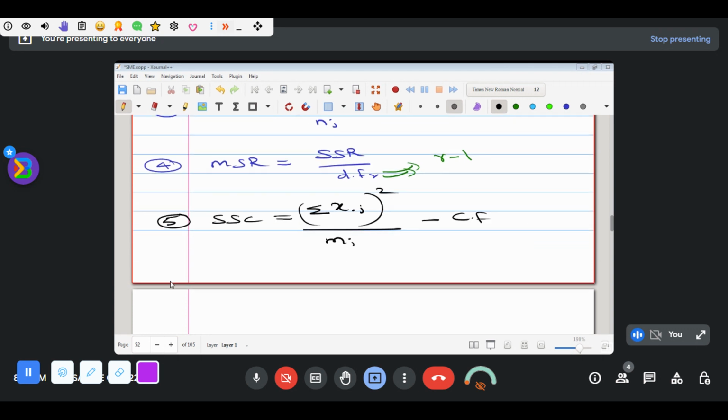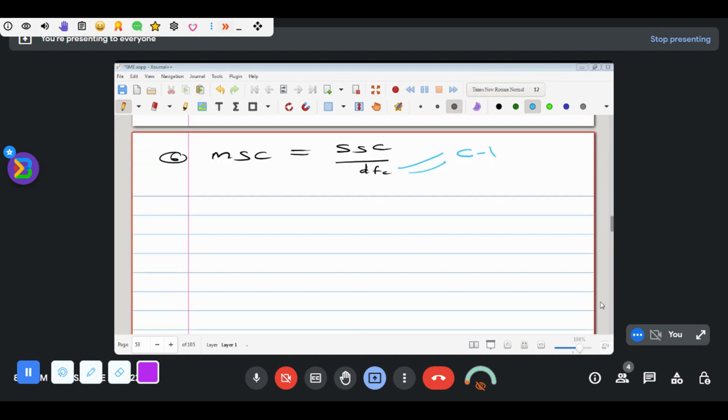And the sixth formula is the same as MSR, here MSC, that is equal to SSC divided by the degrees of freedom of columns. What is the degrees of freedom for columns? Number of columns minus 1. So that's all; the next calculations are the same as in one-way.